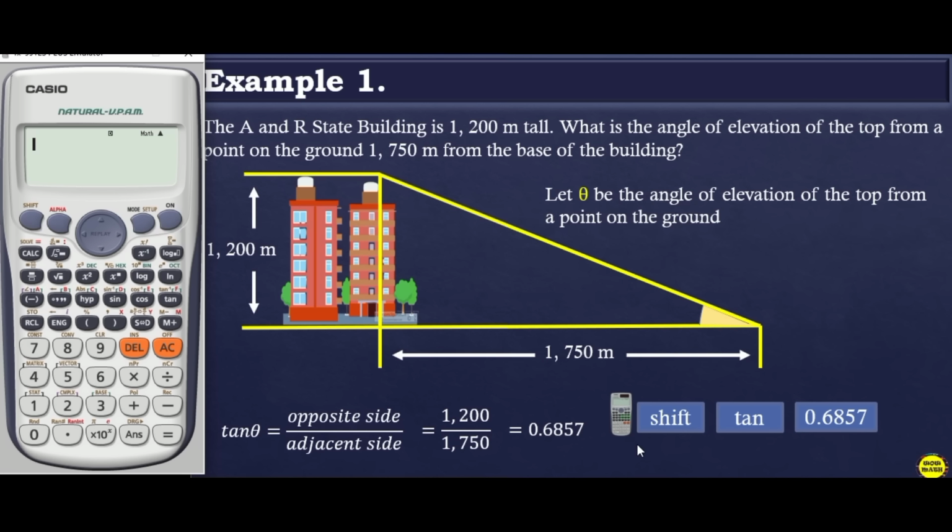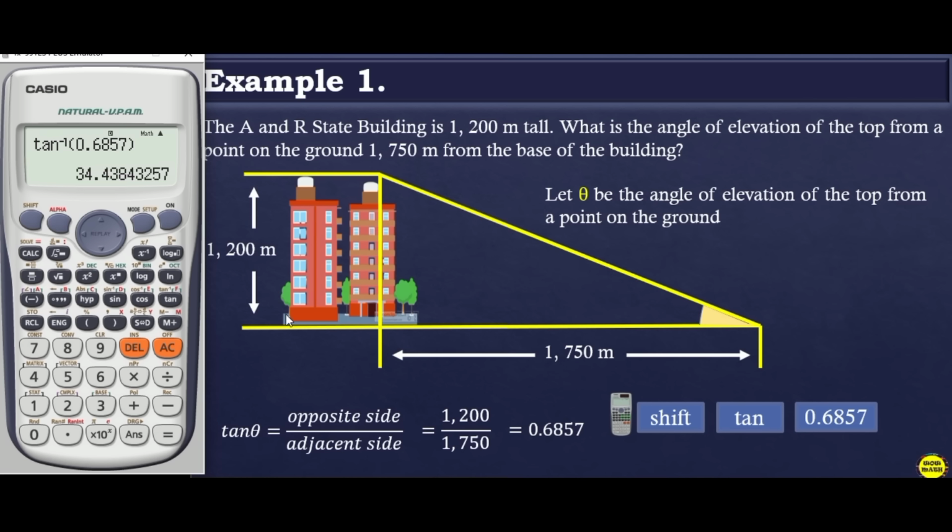So, ito po yung steps. So, click shift and then tangent. And then, click mo lang po yung 0.6857. Okay, and then, don't forget to close, and then equal sign.